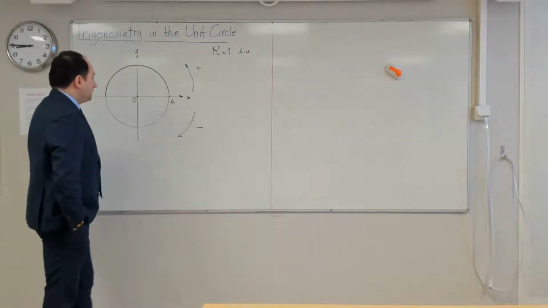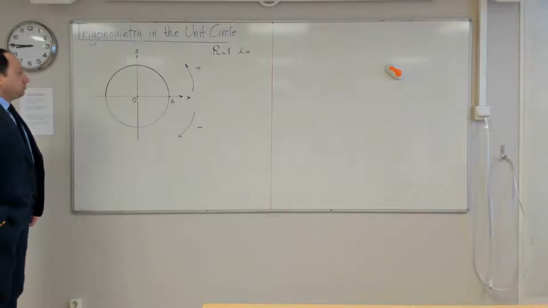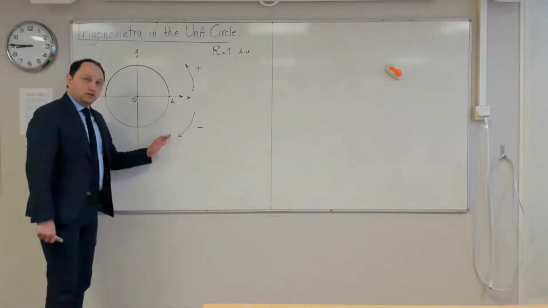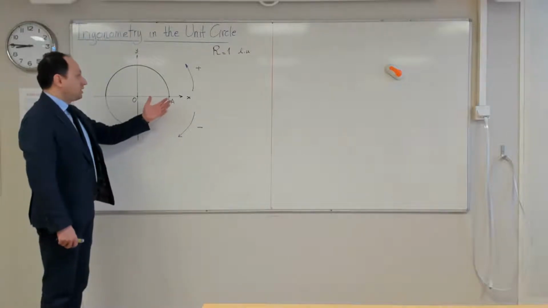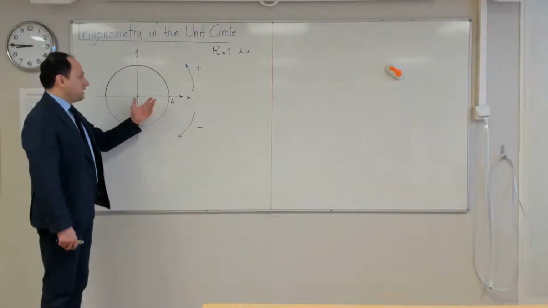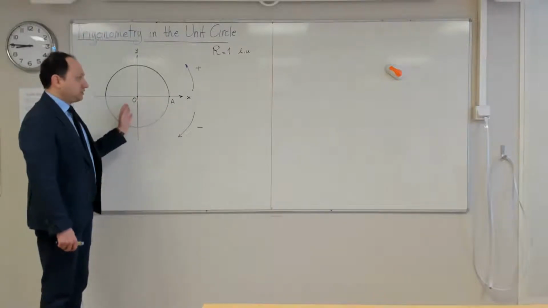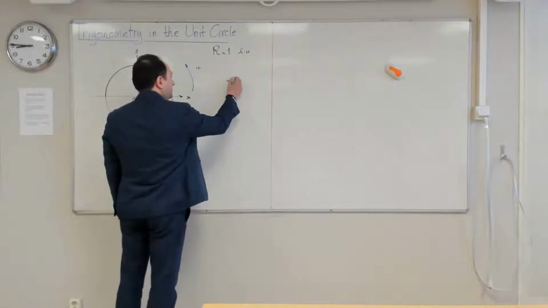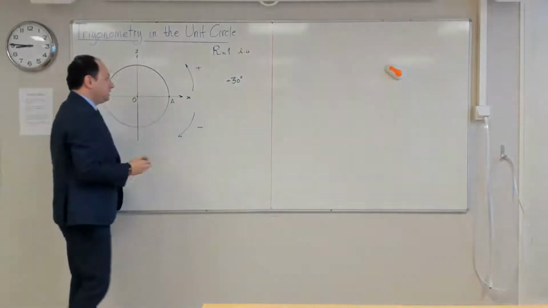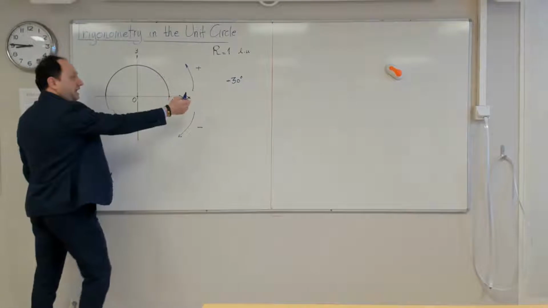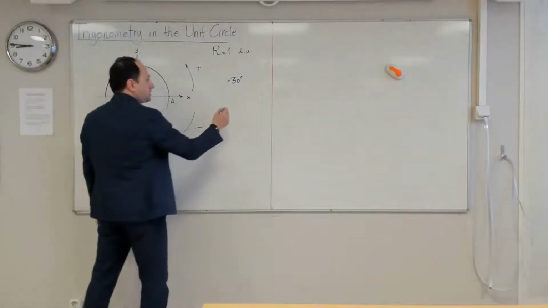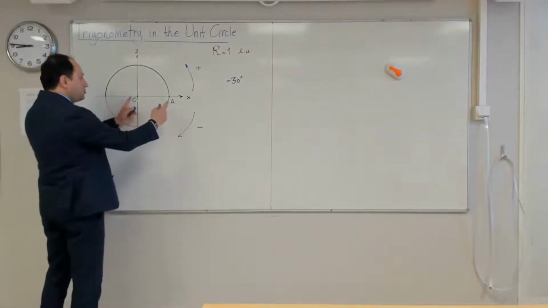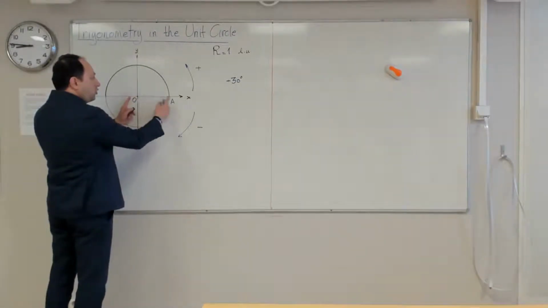But how do we make sense out of it? This is important to understand. How should I visualize the angles in this unit circle? For example, when I say positive 30 degrees, what does it mean? This is the convention. An angle has two sides, yes? Always you choose one side to be on OA.